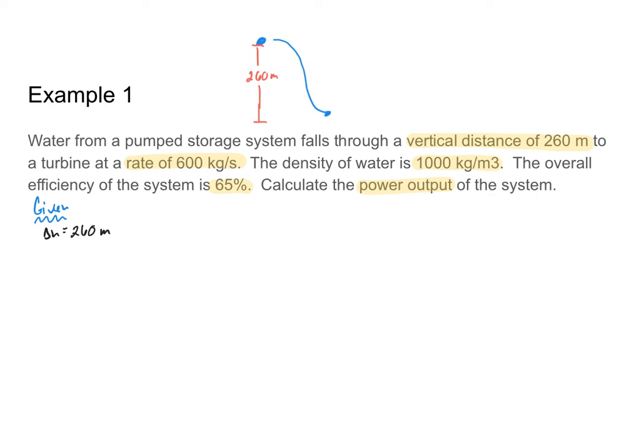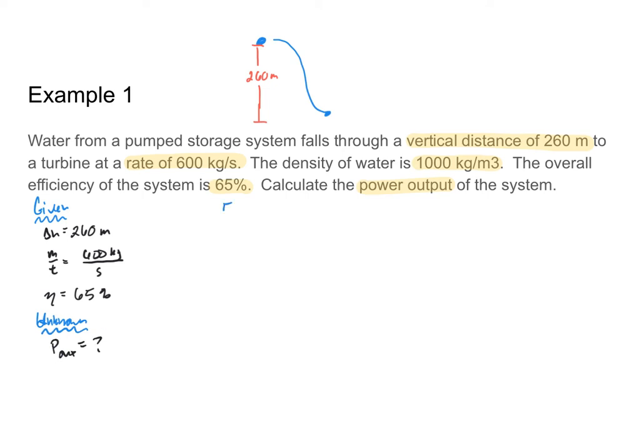I know that my mass over time is equal to 600 kilograms per second. And I know that the efficiency of my system, eta, is 65%. So only 65% of the water traveling through the system is converted into electrical energy. And that leads me to my unknown, which is the output power of my system.